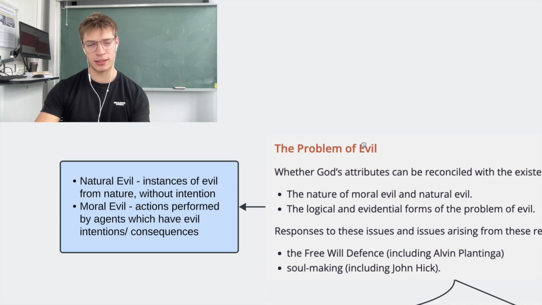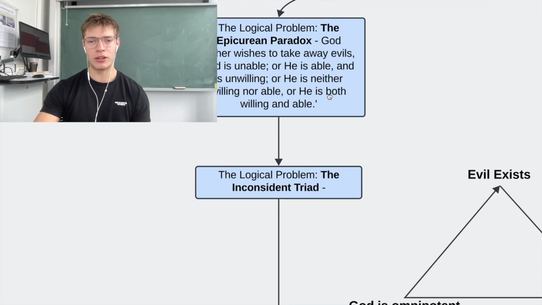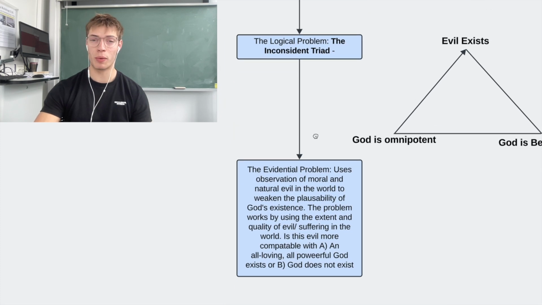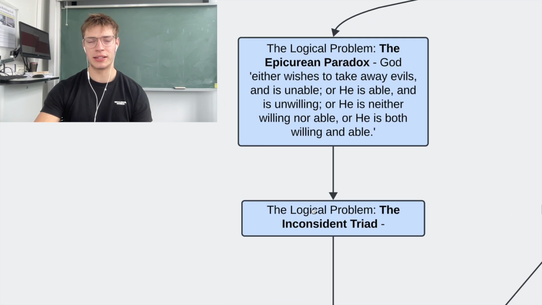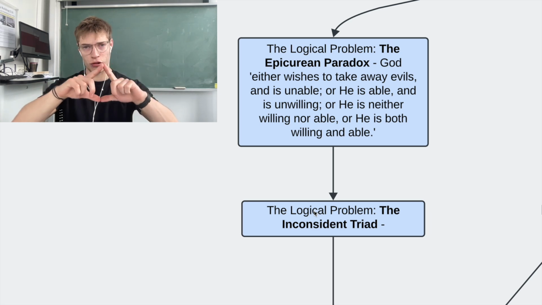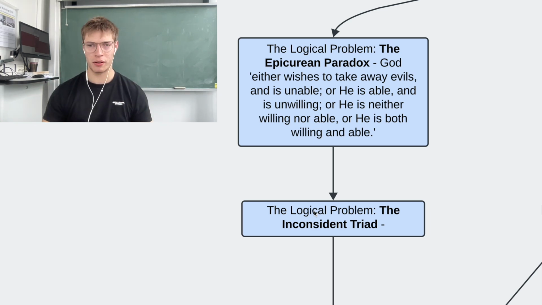The next important distinction is understanding the logical problem and the evidential problem. I've divided this into two separate things, but the Epicurean paradox and Mackie's inconsistent triad are more or less the same thing. The Epicurean paradox is that God either wishes to take away evils and is unable, which limits God's power, God's omnipotence.